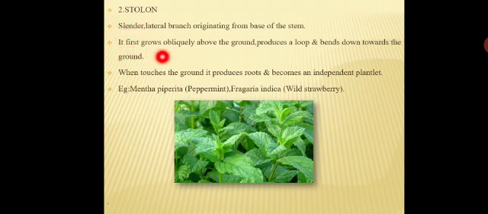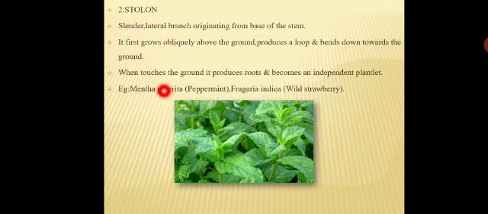It first grows obliquely above the ground. It slightly moves upward or grows upward and produces a loop-like or bend-like structure that bends down towards the ground. That is called a stolon.